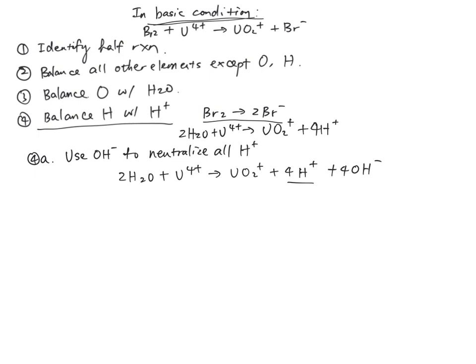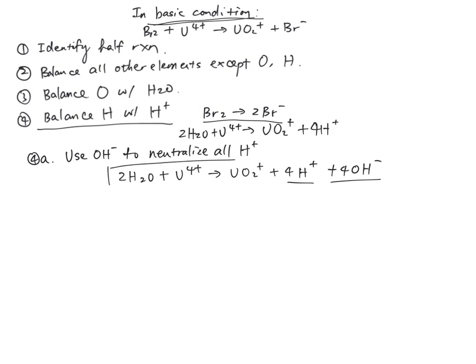Now, but unlike the 2 previous steps, 3 and 4, where you just use something, and as long as you balance the oxygen and the hydrogen, you're all good, here you can't just limit yourself to adding 4 hydroxide on the right side. Why?